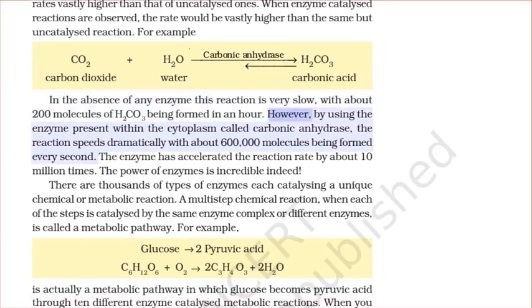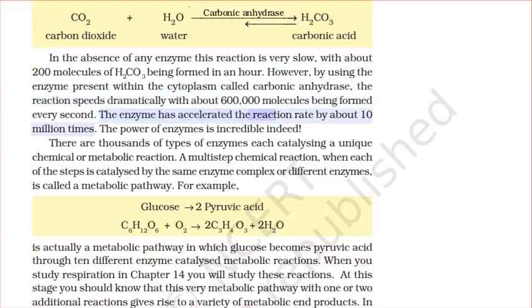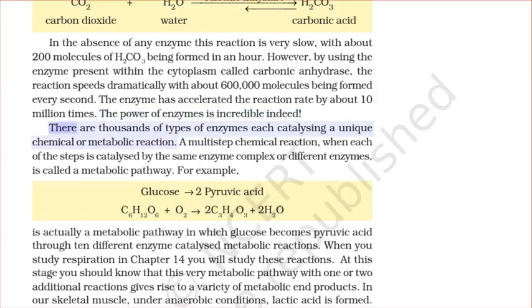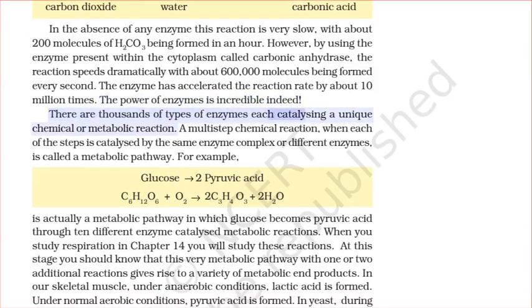However, by using the enzyme present within the cytoplasm called carbonic anhydrase, the reaction speeds dramatically with about 600,000 molecules being formed every second. The enzyme has accelerated the reaction rate by about 10 million times. The power of enzymes is incredible indeed. There are thousands of types of enzymes, each catalyzing a unique chemical or metabolic reaction.